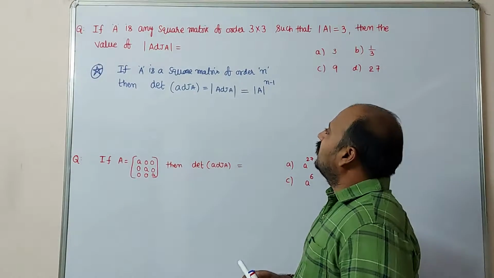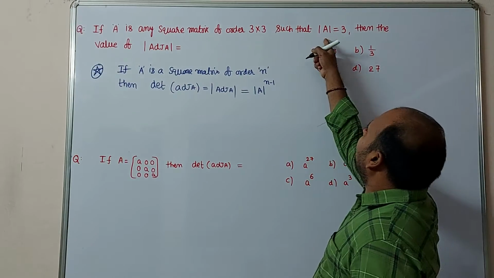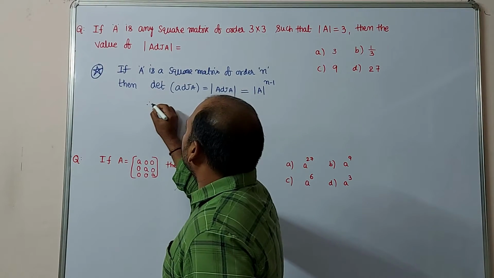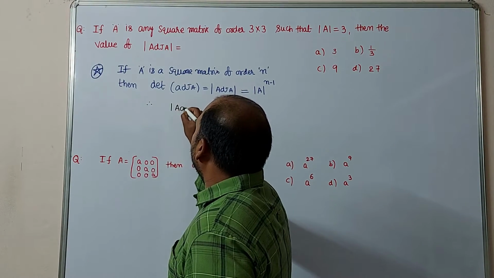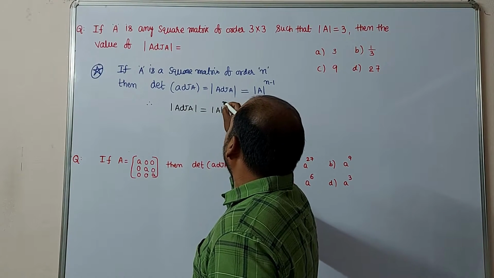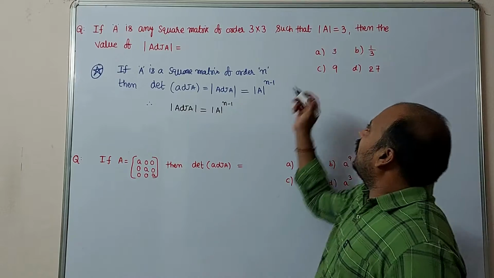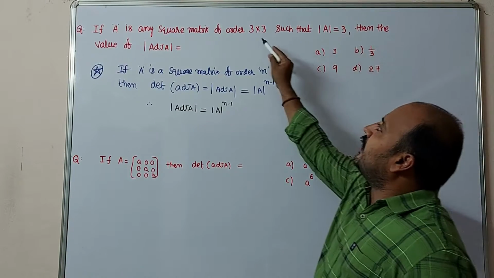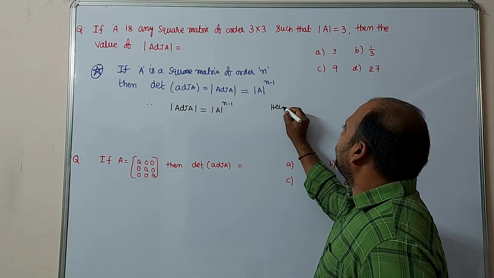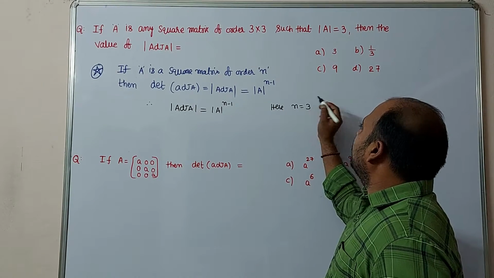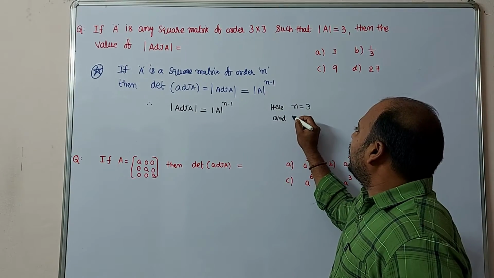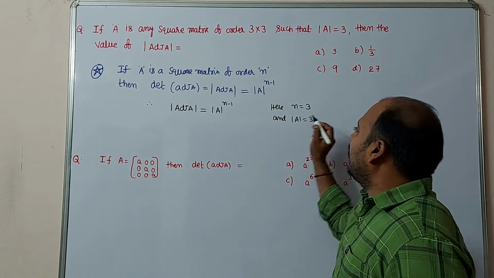See now, how to apply this? Det A value is directly given in this question. So det of adjoint A is equal to det A whole power n minus 1. Det A value is 3 and the matrix is 3 by 3, so here n is equal to 3.